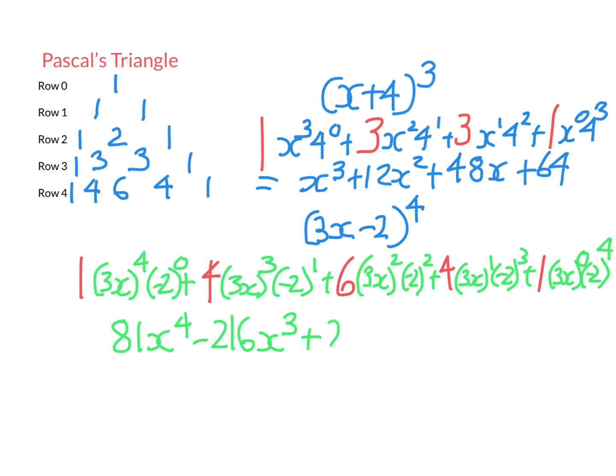So it'll also be 216, but this time positive. All right, next term. 4 times 3 is 12, times -8 is -96. And for the final term, we have -2 to the power of 4, which is positive 16. Here we have our final answer using Pascal's triangle.